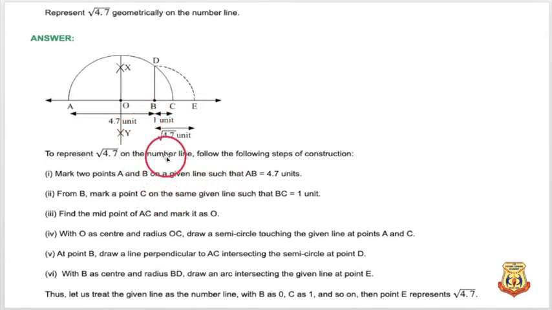And after that, from B, mark a point C on the same given line such that BC is equal to 1 unit. AB is 4.7, and you produce this line up to C, where BC is 1 unit. Now we are getting the big line AC.